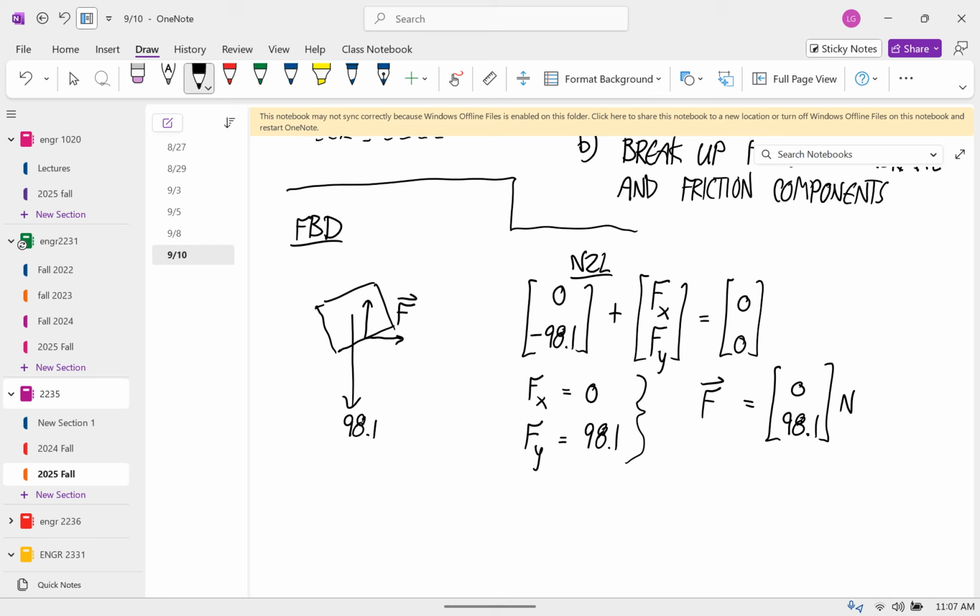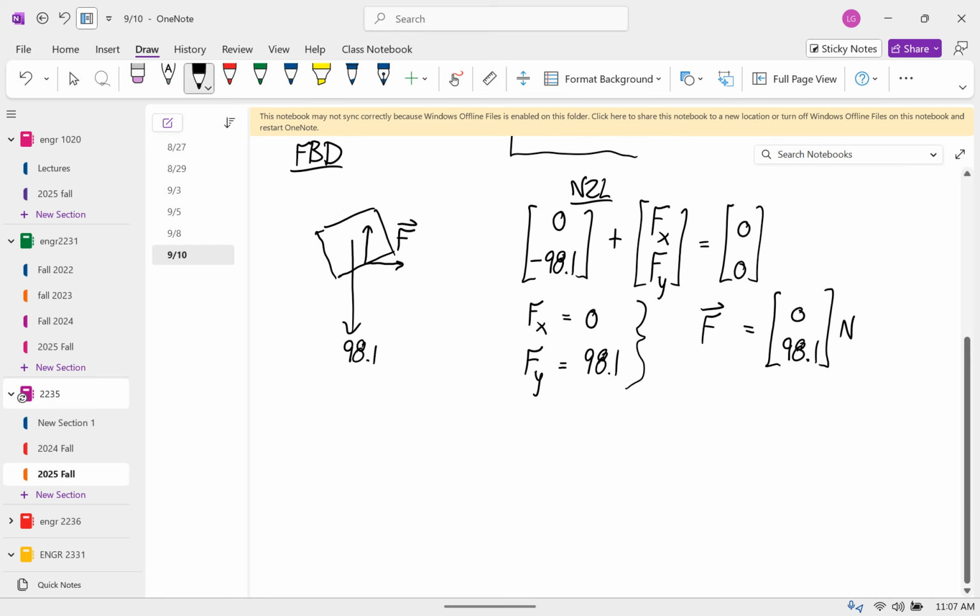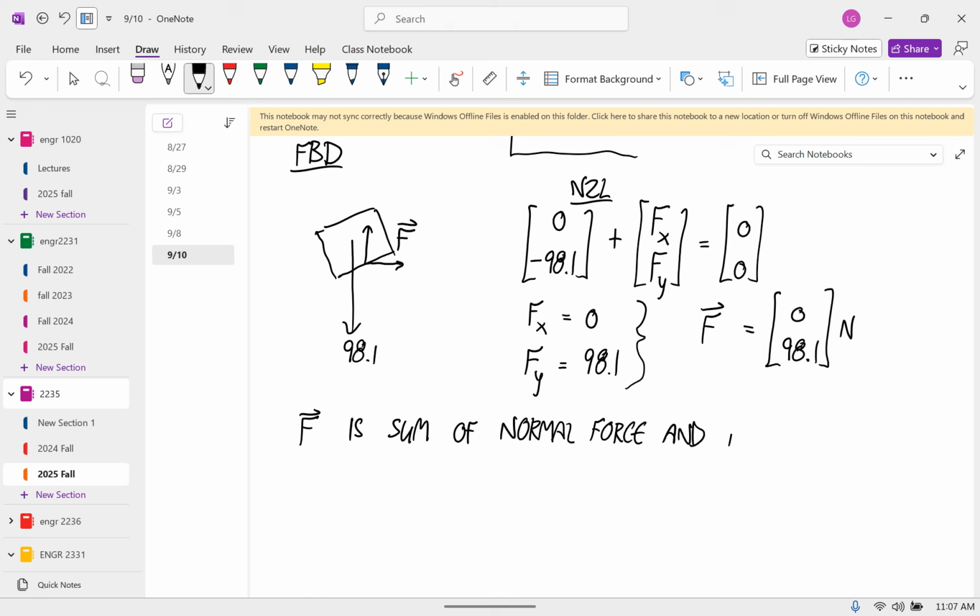Okay, so F is the sum of the normal force and the friction force. It's just not apparent because of our coordinate system.